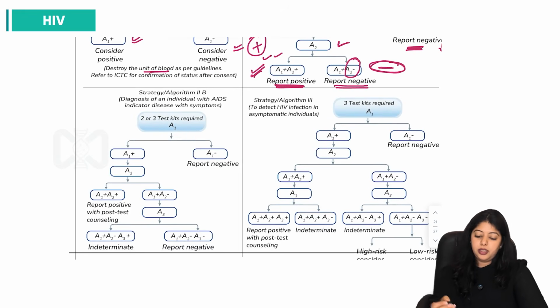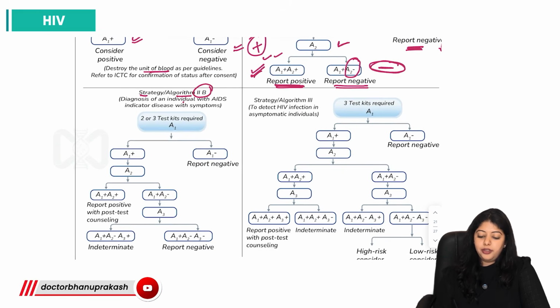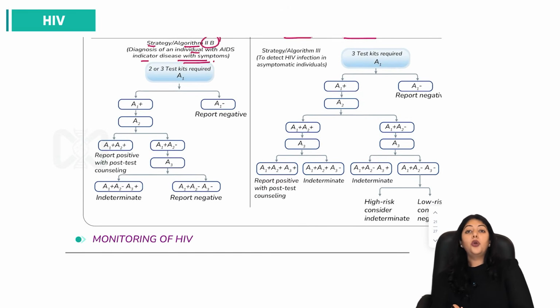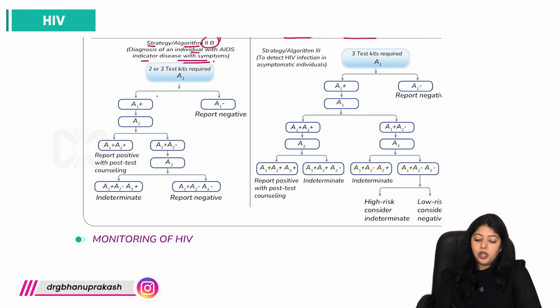So then comes the third strategy or algorithm 2B, which is done for individuals with AIDS indicator disease, and these are symptomatic patients, right? So we are using 2 or 3 kits, but majorly we'll be using 3 kits. So first test positive and first test negative.